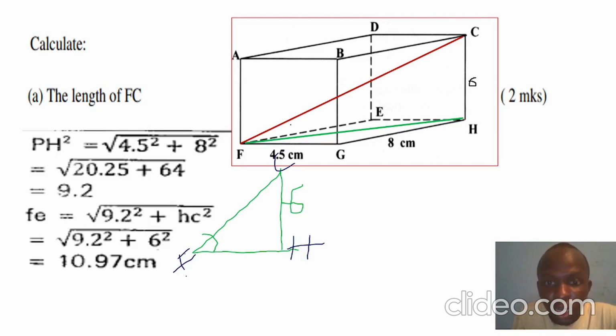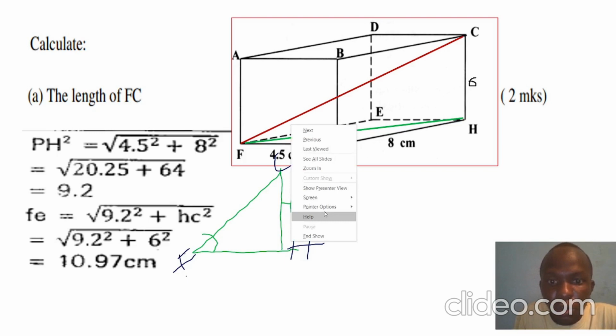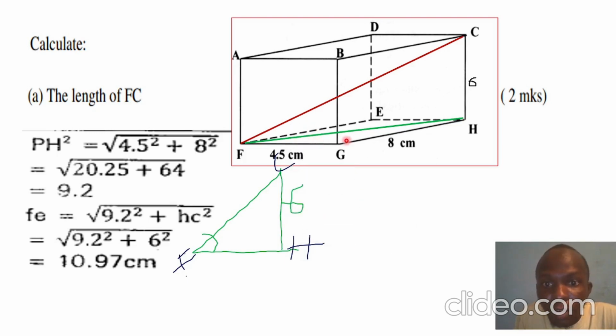We only have GH. We don't have the distance FH. So how are we going to get the distance FH? Another triangle formation is already there that can be used to get FH, which is triangle FGH, this triangle below.